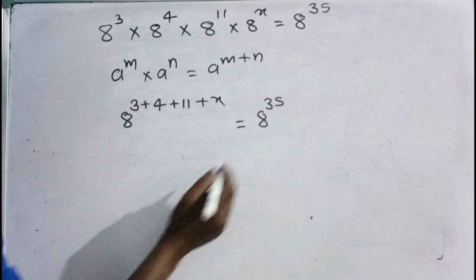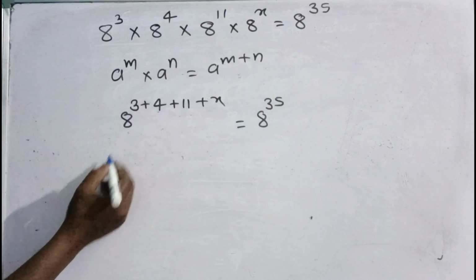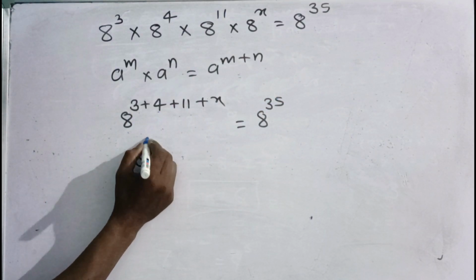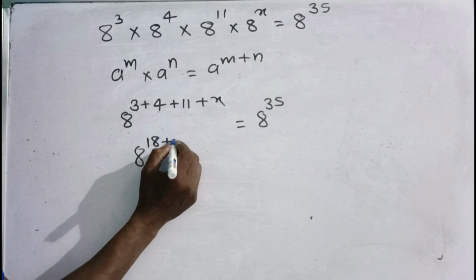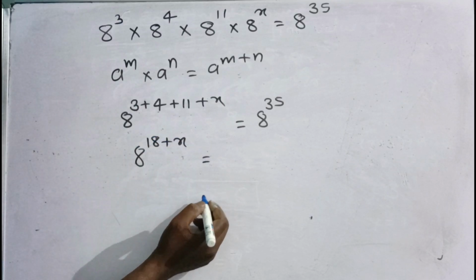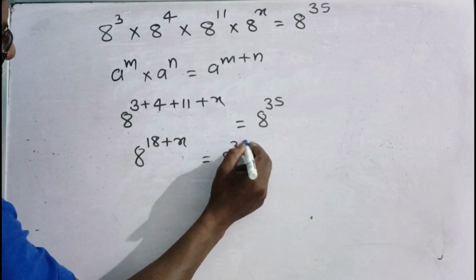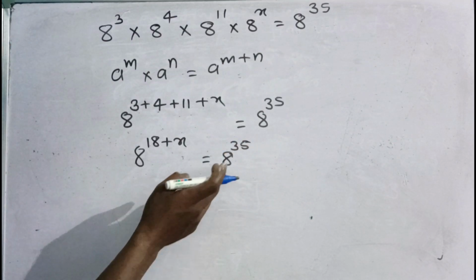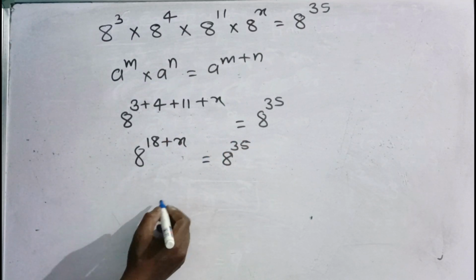8^(3+4+11+x) = 8^35. 15 plus 3 is 18. 8^(18+x) is equal to 8^35. Again, base is the same.